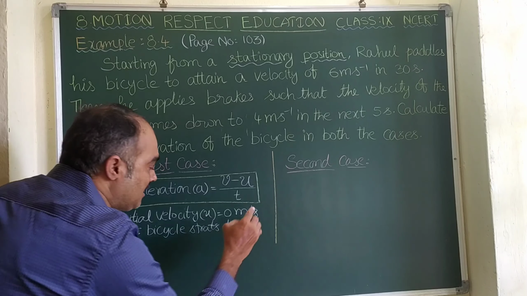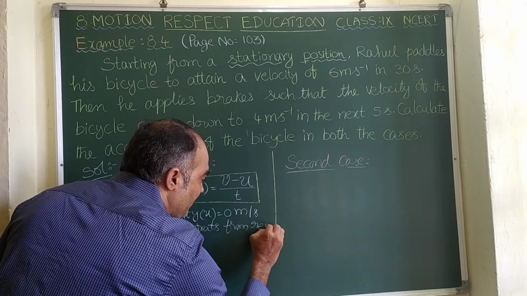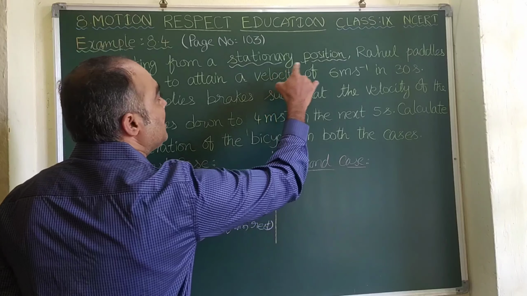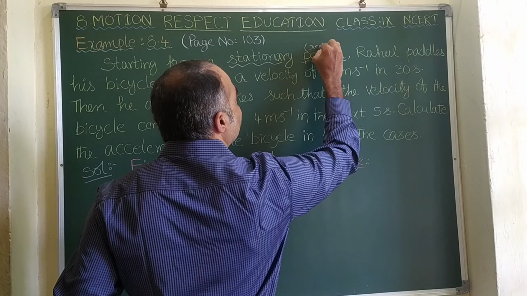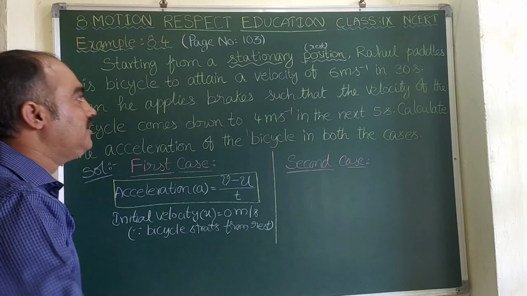Here you understand, stationary position is nothing but rest. It is starting from rest. Right. So u is 0.